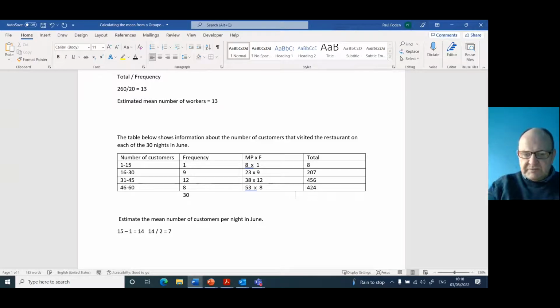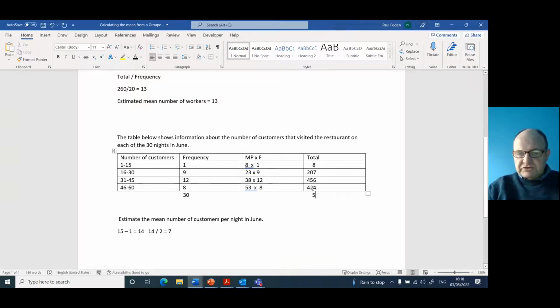We're going to add up all our totals here. We can do it manually or by calculator. So we're going to add these up. 8 and 7 is 15, and 6 is 21, and 4 is 25. So we've got a 5 here, carrying over 2.